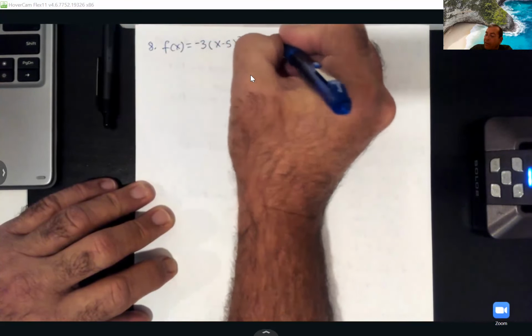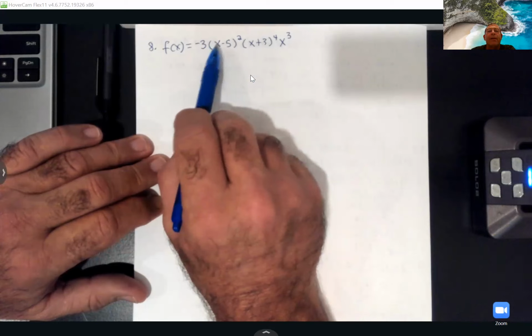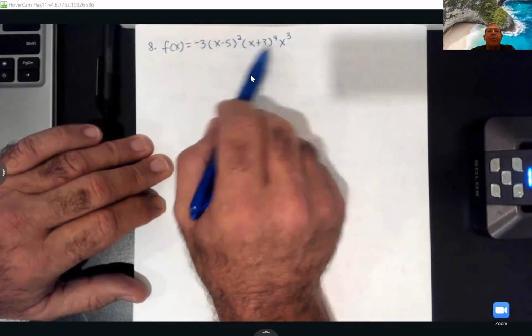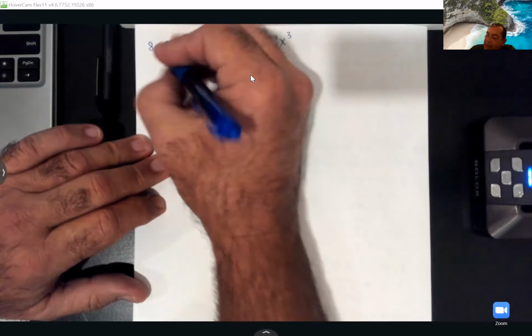Now, the thing you got to realize is there's only 3 factors. That -3 does not have a variable, so we don't worry about it at all. We're only worried about the factors that contain the variables. So we got an x minus 5.